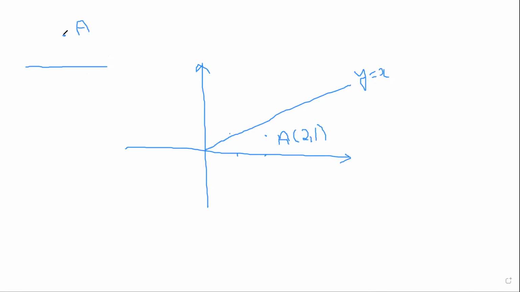We drop a perpendicular from A to the line, and we take the same distance on the other side of the line. This is A prime, for example. We say that this line is the perpendicular bisector of AA prime, so A prime is the symmetric of A with respect to D.